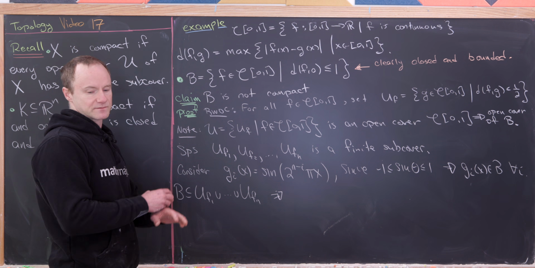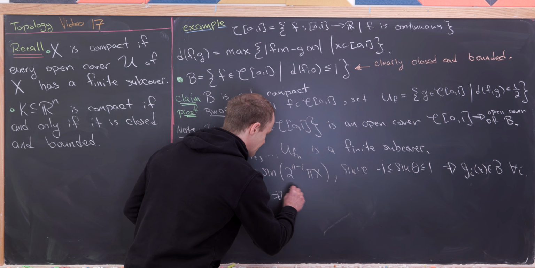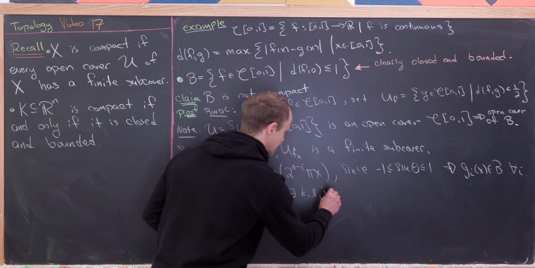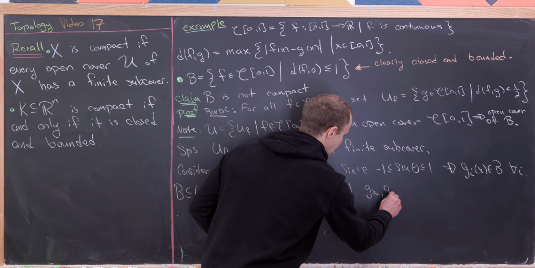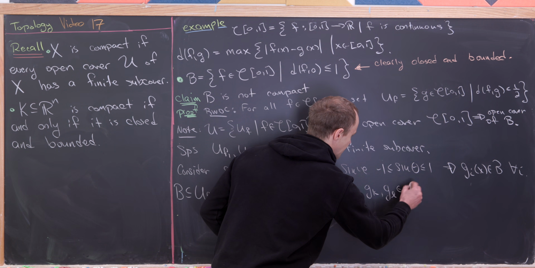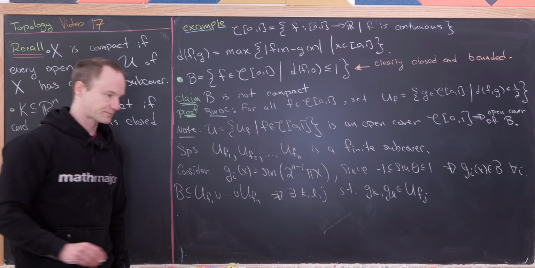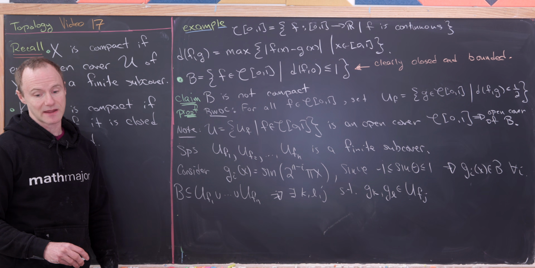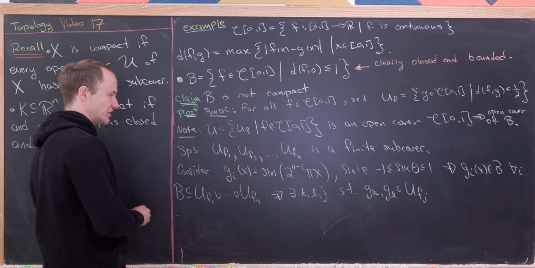Okay, so in other words, what we can get out of this is there exist k, l, and j such that g_k and g_l are both inside of U_fj. Again, those are our 2 functions inside of the same set. But now we're about to get to our contradiction.